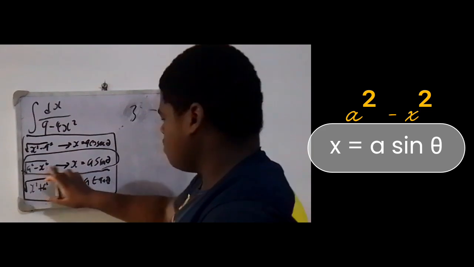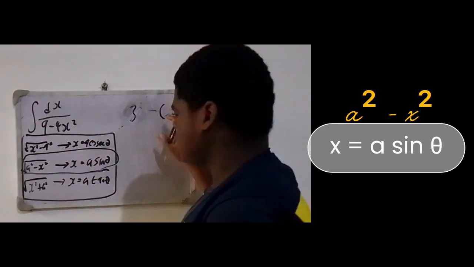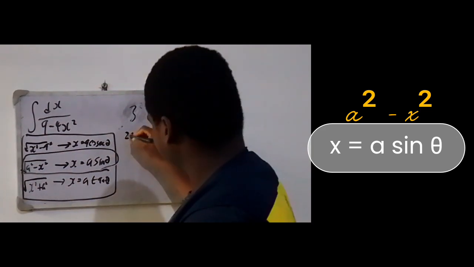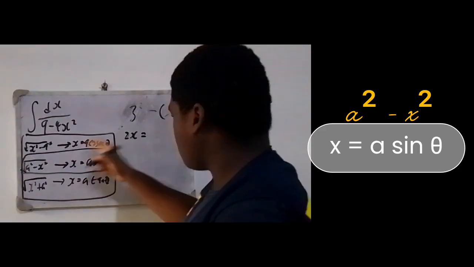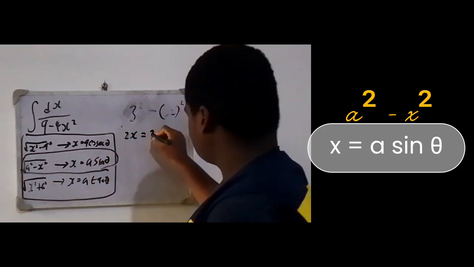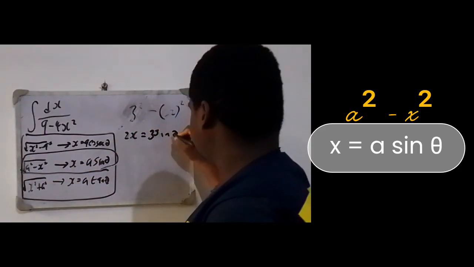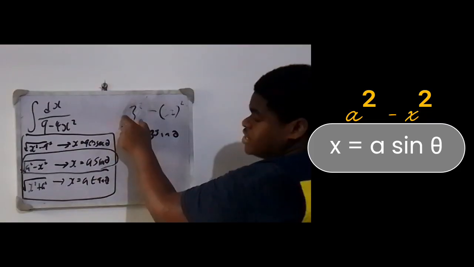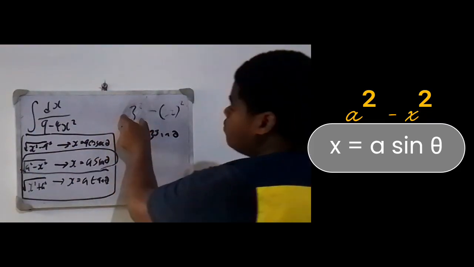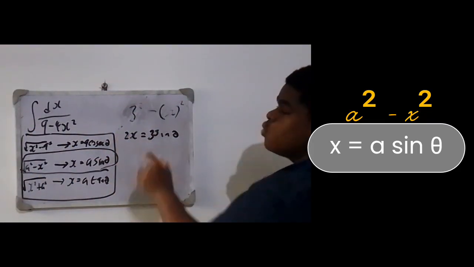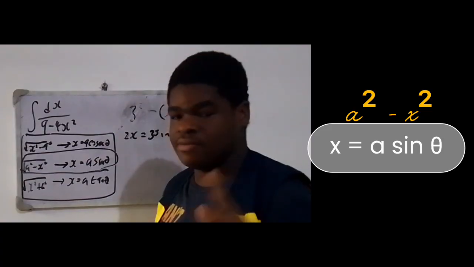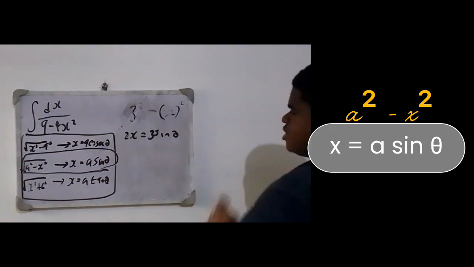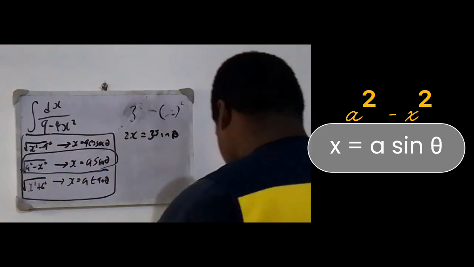But instead of x here, remember we have 2x. So instead of x, we're going to use 2x is equal to a, and our value of a is 3, so 3 sin theta. Remember, if it was 10 here, then here will be square root of 10 all squared, so your value of a will be square root of 10. So here we have 2x is equal to 3 sin theta.